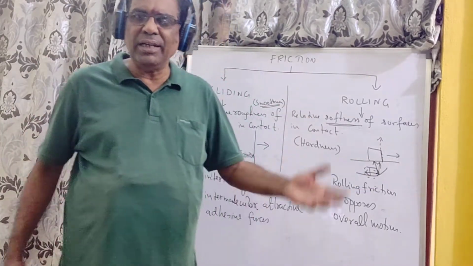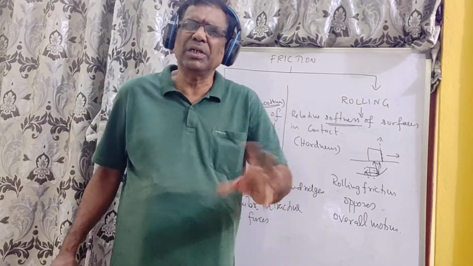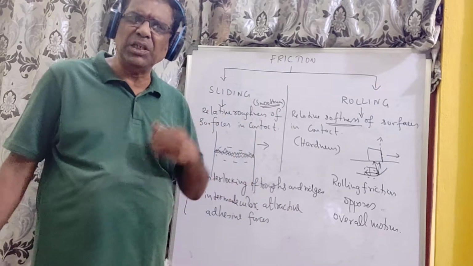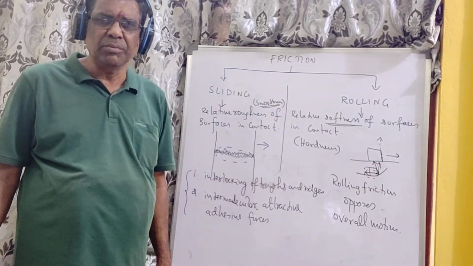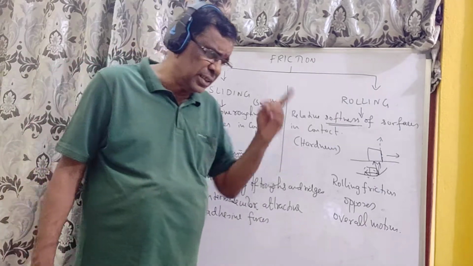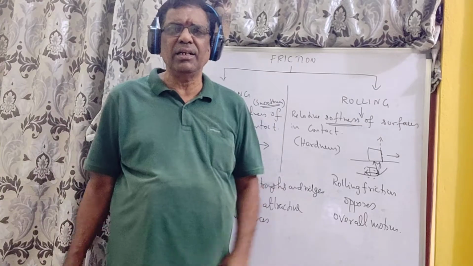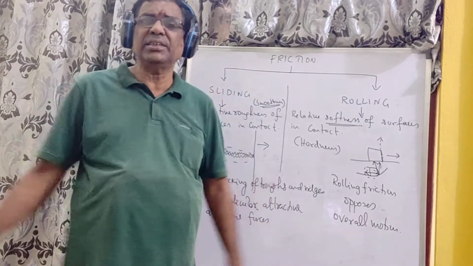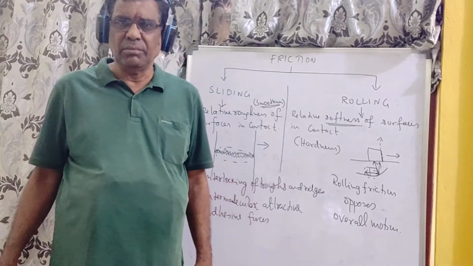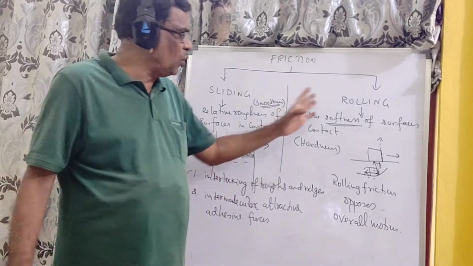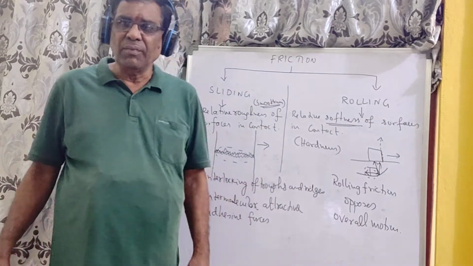You know, the tire bursts sometimes. It is very difficult to move the body because the rolling friction becomes enormously high. But for the surfaces that we talk about in general, the surfaces are reasonably rigid. Therefore, rolling friction is negligibly small.